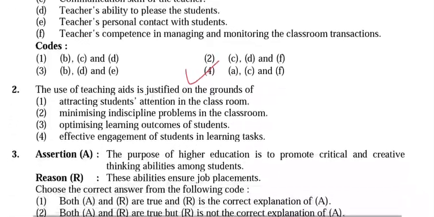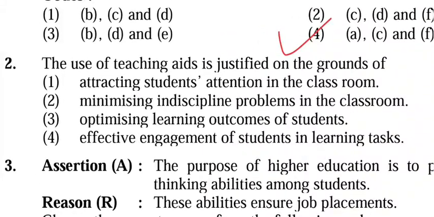Okay, next question. It says the use of teaching aids is justified on the grounds of what? Attracting students' attention in the classroom, minimizing indiscipline problems in the classroom, optimizing learning outcomes of students, effective engagement of students in learning task.